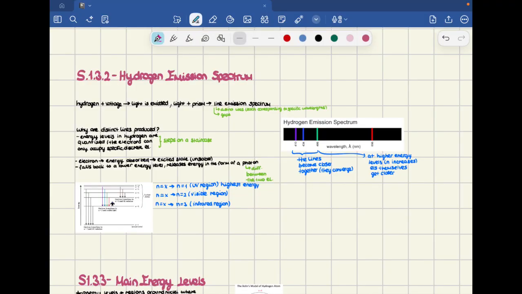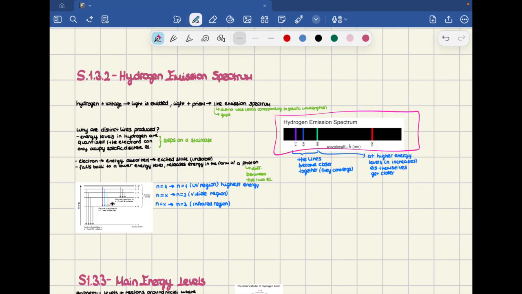Okay, so now let's talk about the hydrogen emission spectrum. As we know, hydrogen is a gaseous element, and when high voltage is applied to it, it can emit light, right? And when we pass the light that is emitted by hydrogen through a prism, this is the line spectrum. This is the emission line spectrum that it produces.